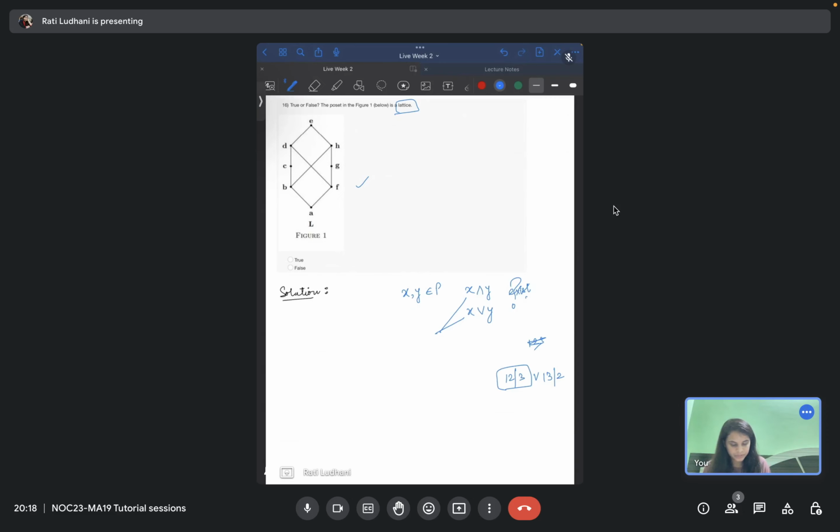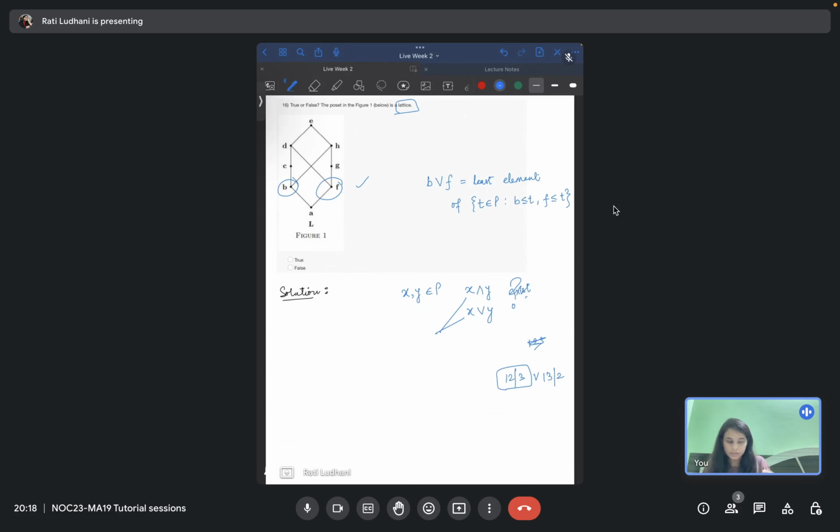I'm giving you the answer: consider these two elements b and f, and try to calculate the join. Again you are considering the least element of the set of T belonging to P such that b is less than or equal to T and f is less than or equal to T.